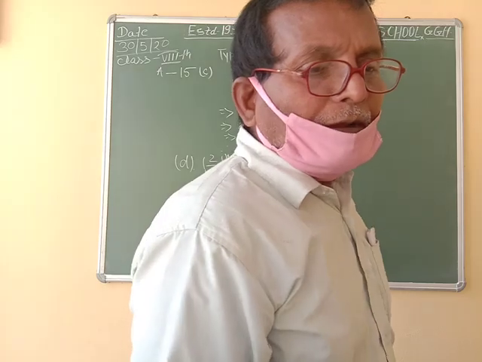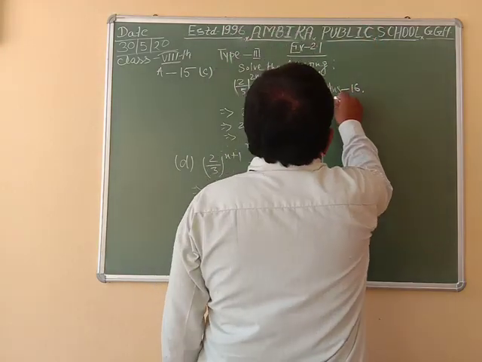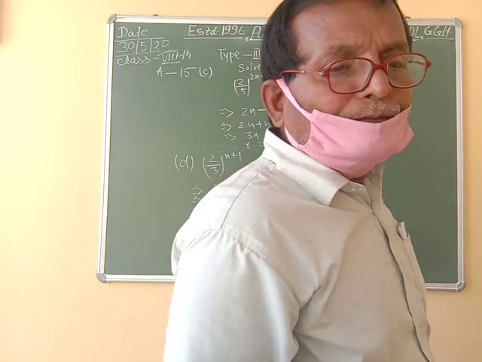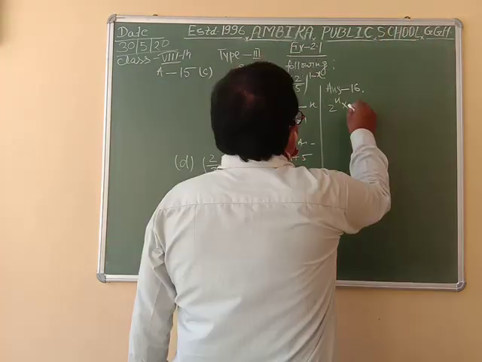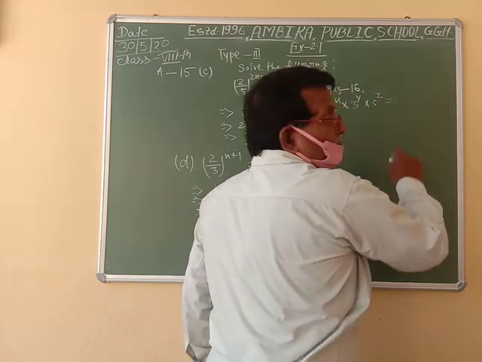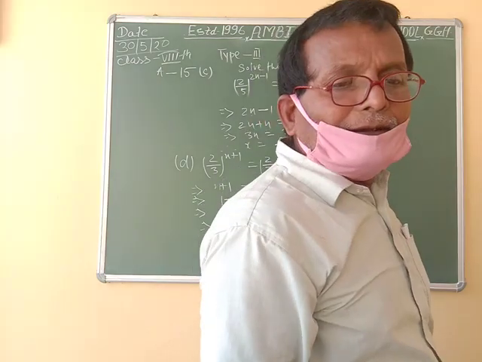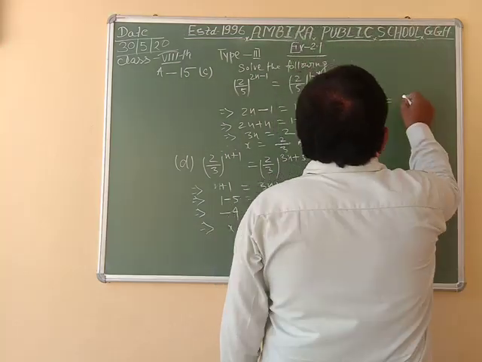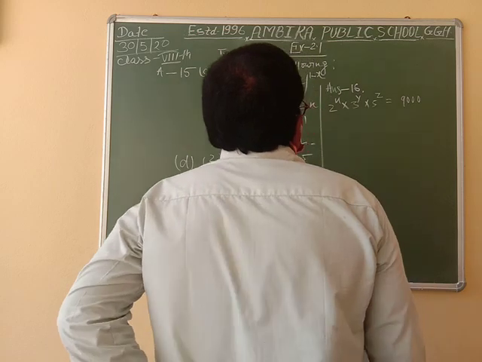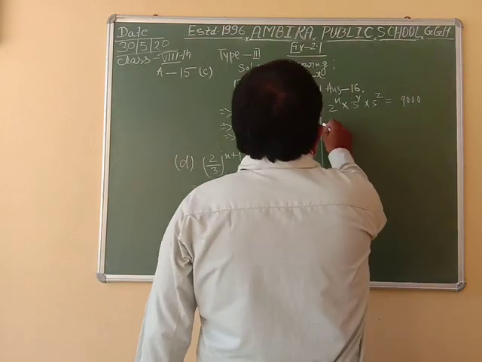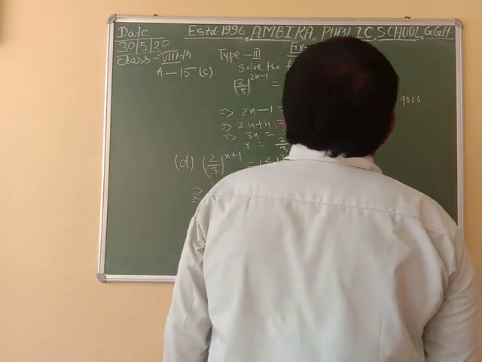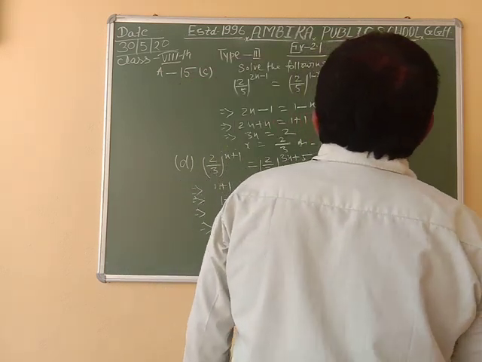Problem is 2 to the power x into 3 to the power y into 5 to the power z is equal to 9,000. In this expression we have to find the value of x, y and z.